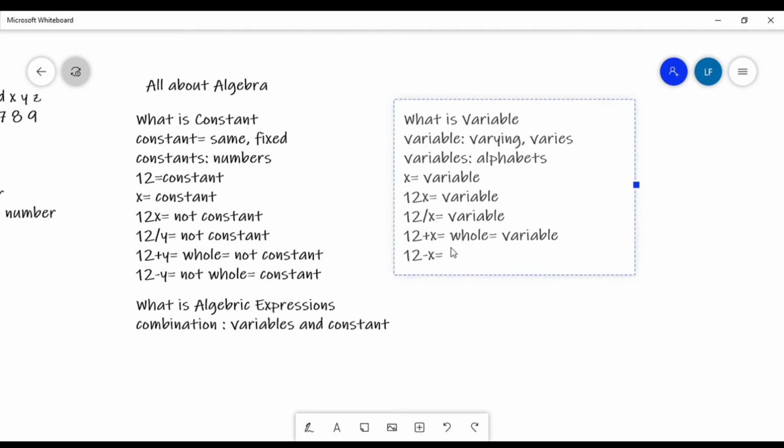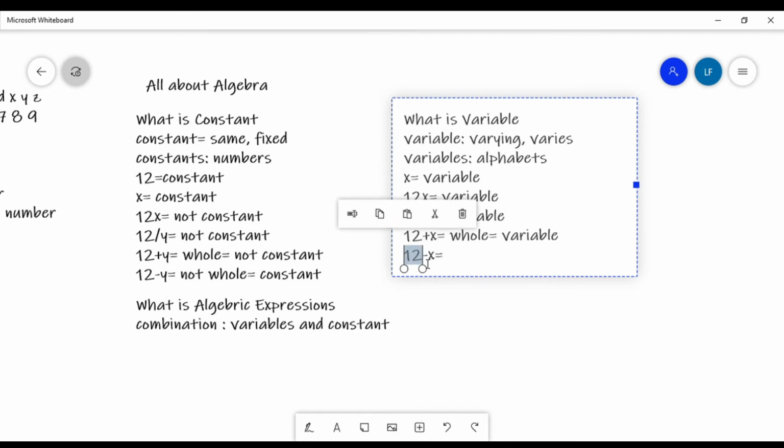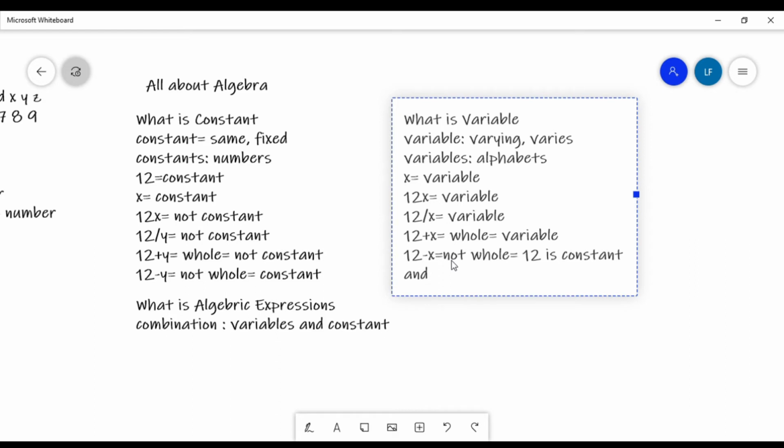But if the question leads you to believe that 12 is a number and minus x is another value, which leads you to believe that it is not a whole, then it means that 12 is a constant. 12 is a constant and x is a variable.